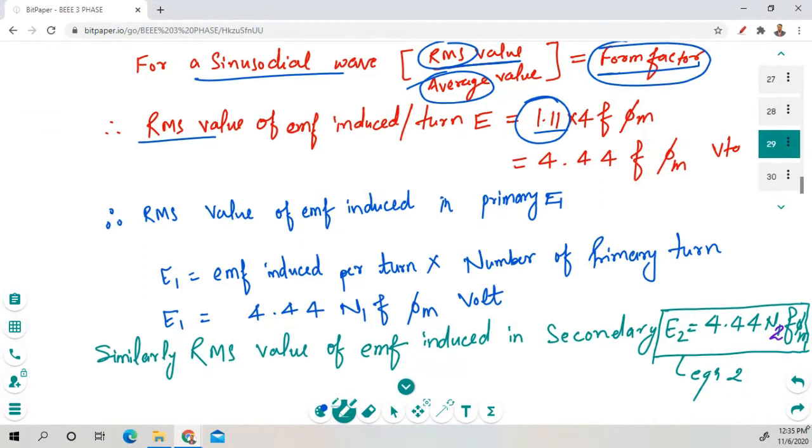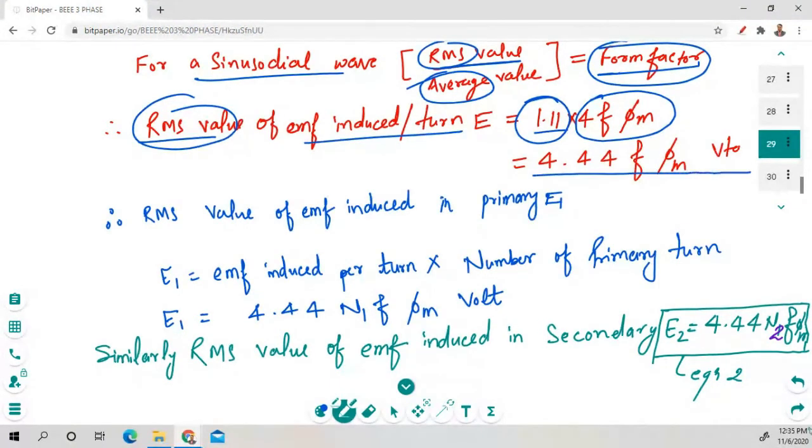We have calculated the average value as 4f into phi m, so we have to multiply these, and the RMS value for EMF induced per turn is equal to 4.44 f phi m volt. Okay, clear? Any doubt till now?